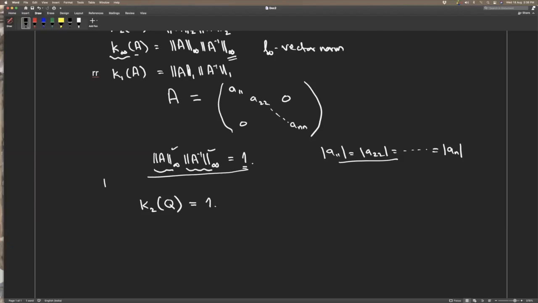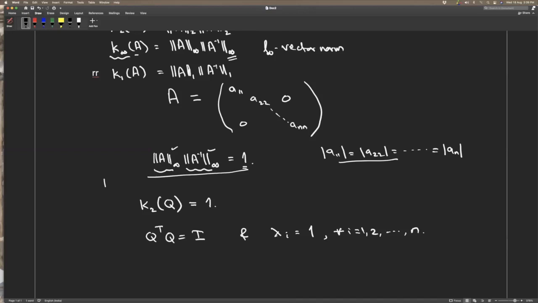And this is not very difficult, because if the matrix is orthogonal, then you have Q transpose Q equal to I, and that will tell us that all its eigenvalues are 1, for all i equal to 1, 2, up to n.